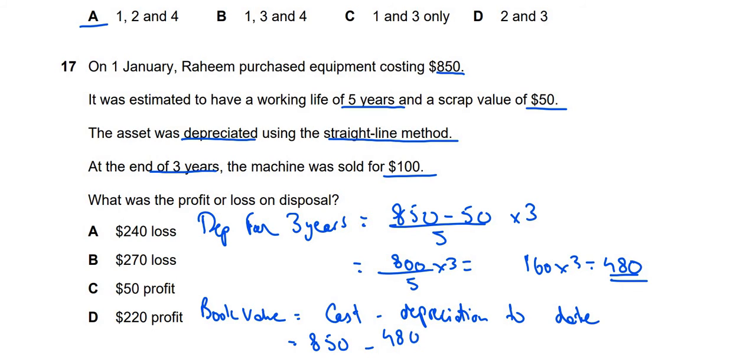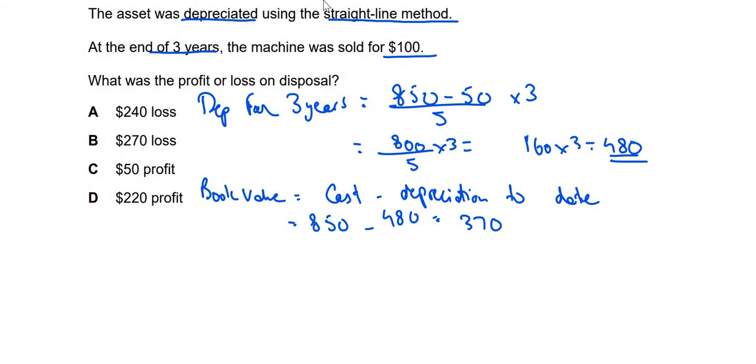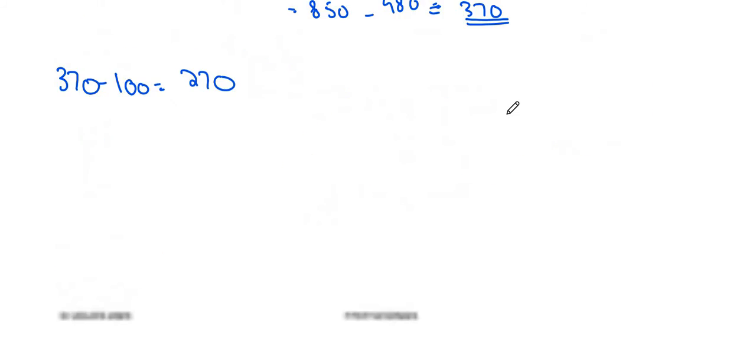Minus 480 is equals to 370. So this means the value of the assets today, at the end of 3 years, is 370. So now the machine is sold for 100. So if you look at it, the value of the machine is 370, but we sold it for 100. So we actually made a loss. We made a loss of 270. So that's how you have to do this question.